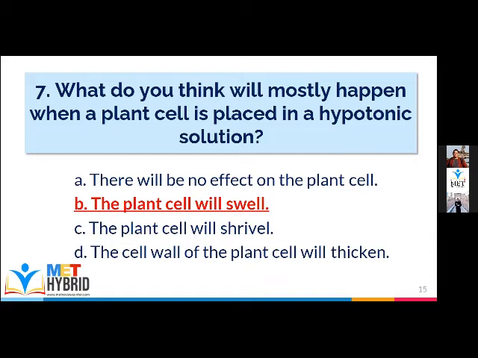Hypertonic means that the solution has more salt concentration compared to the water concentration. When you say isotonic, the salt and water concentration inside your cell and in the solution is equal.